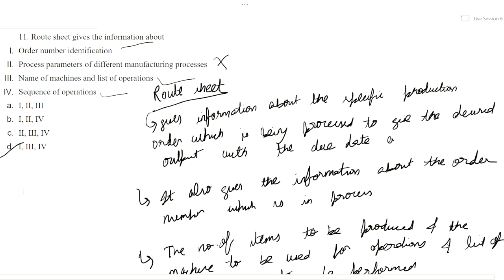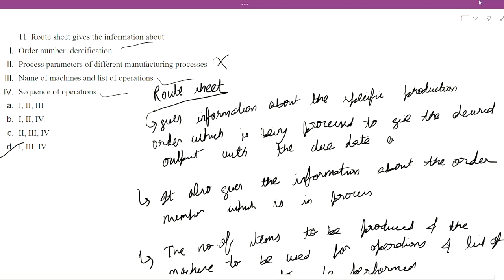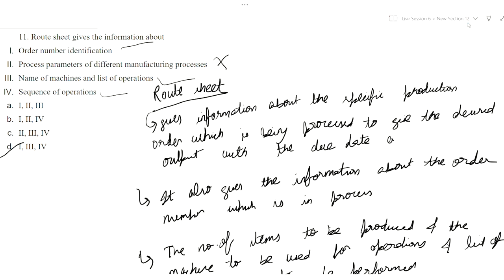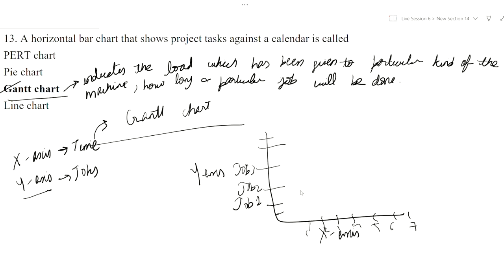Now, the route sheet gives us information about the specific production order which is being processed to give the desired output with the due date. Next, we came across a Gantt chart.